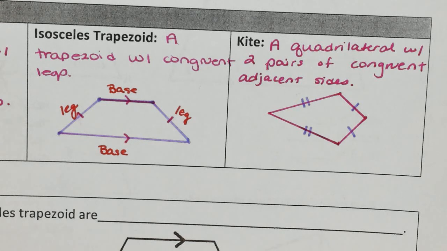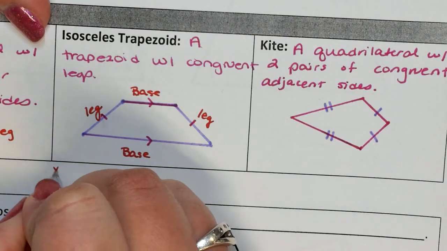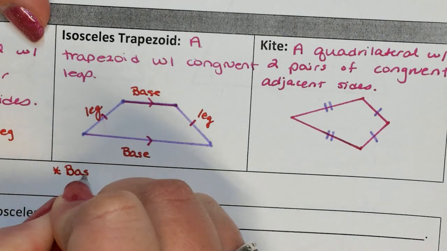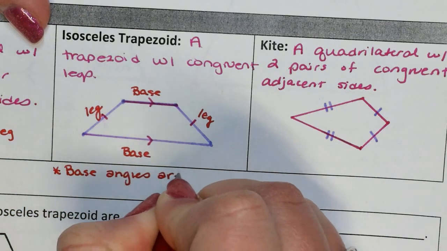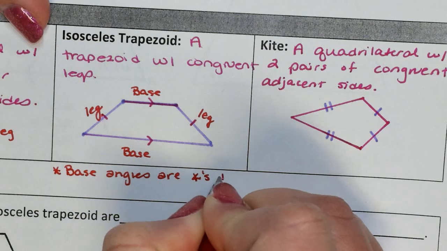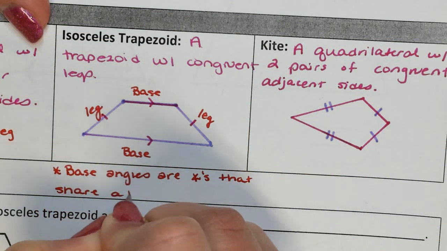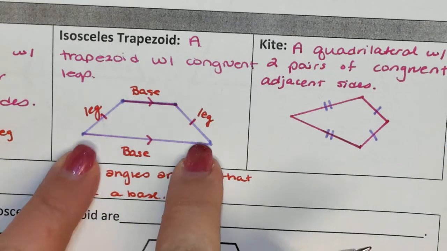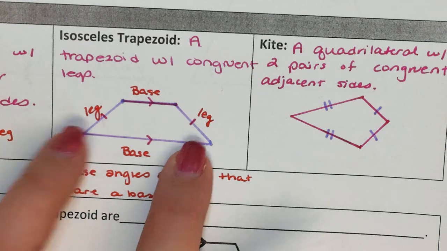And one other thing that I am going to mention here, which goes back to the trapezoids: base angles are angles that share a base. So they are at the ends of the base. So here's a base. The angles at the two ends of that base are called base angles.